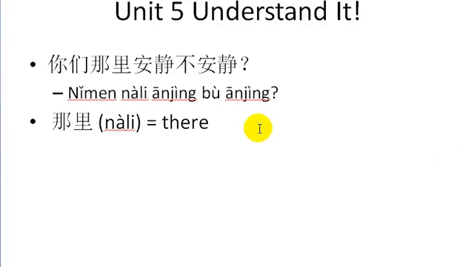Alright, so Wang Peng asks another question. He asks, 你们那里安静不安静? Okay, so here we have this way of asking a question where, in this case, an adjective is repeated with bu in the middle. 安静不安静, and it's a way of asking a yes-no question.